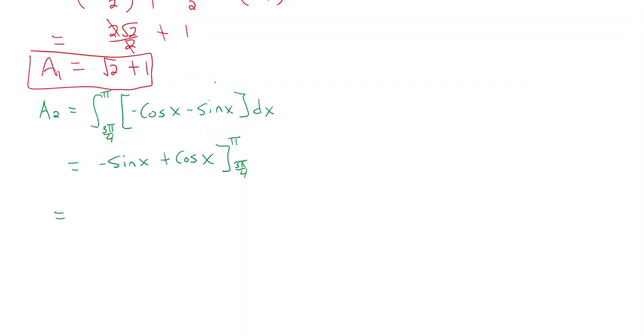Now putting this in, we'll start with pi. So negative sin of pi plus cos of pi, minus, negative sin at 3 pi over 4 plus cos at 3 pi over 4.